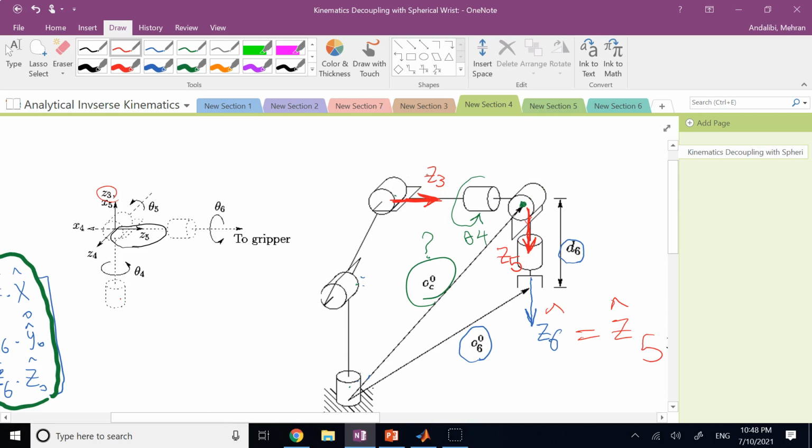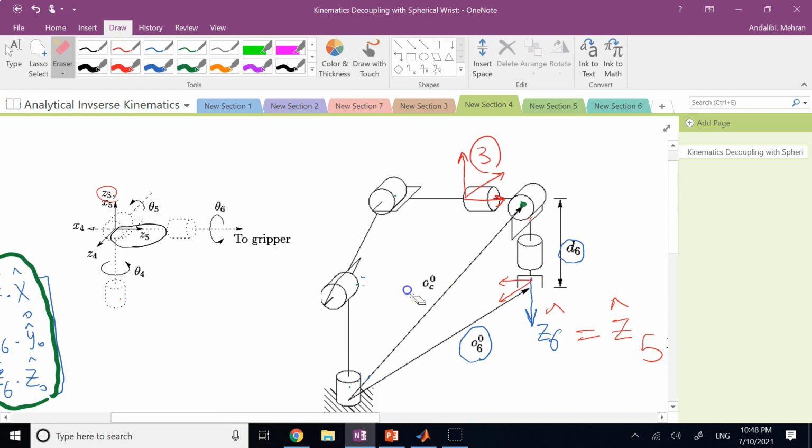And if you look, frame 6, which is attached to the end effector in whatever direction that you describe, so a frame like this and some frame like that. Let me move it a little bit forward so we can see better. So this is frame 3. This guy here is frame 6.